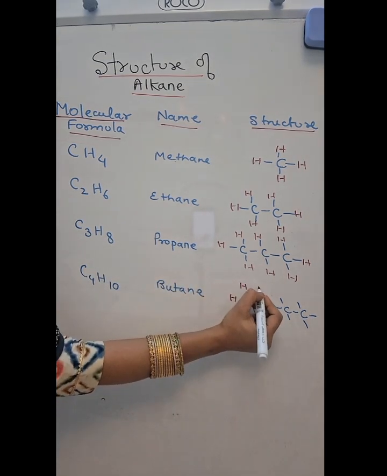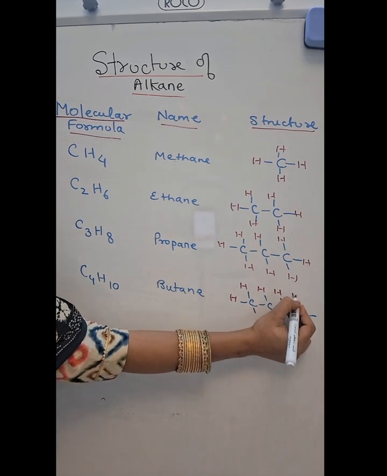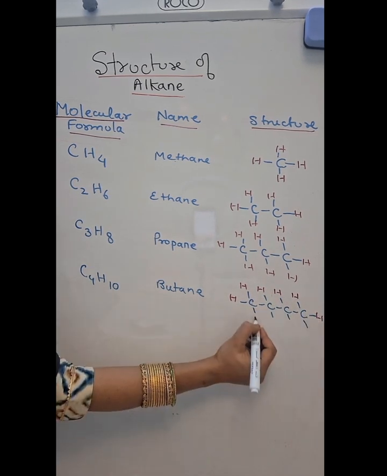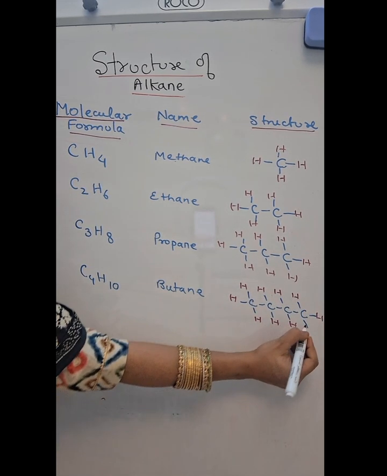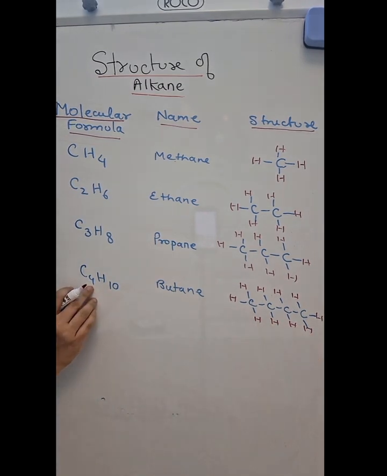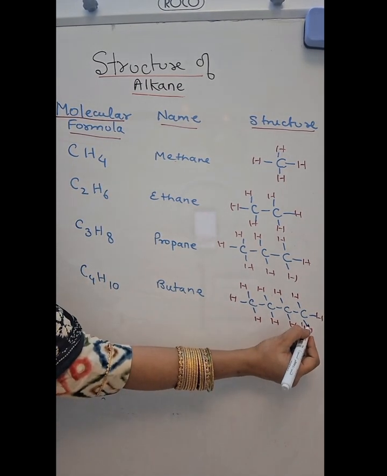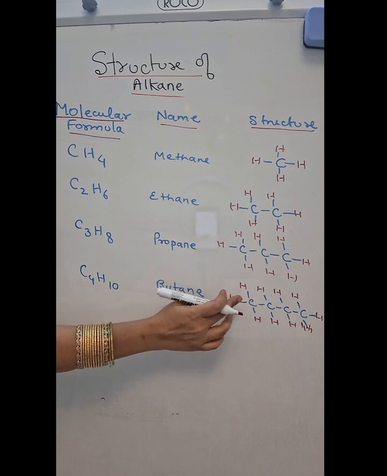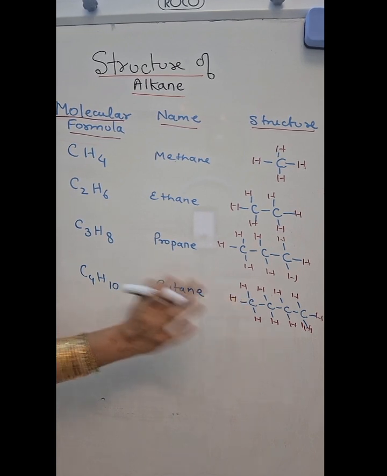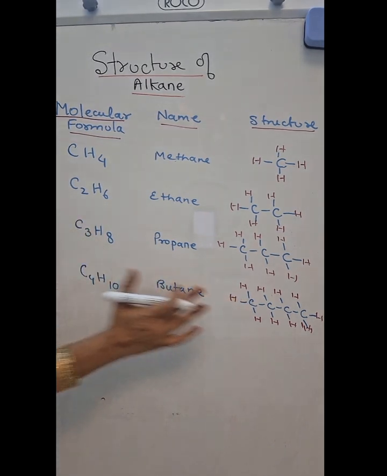We can double check whether the structure is correct or not from its molecular formula. If the number of carbon and hydrogen in the molecular formula is same as the number of carbon and hydrogen in the structure, that means my structure is correct.